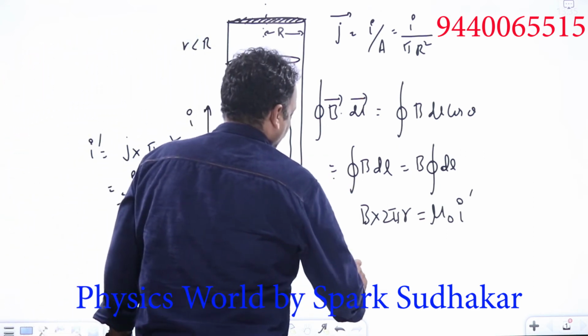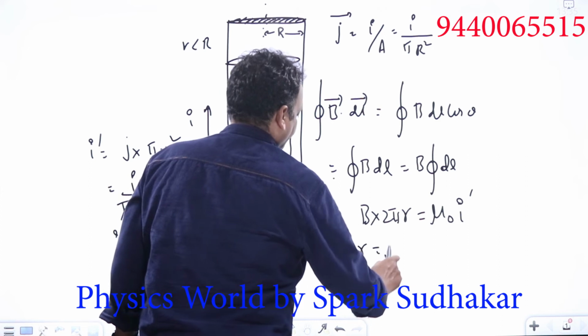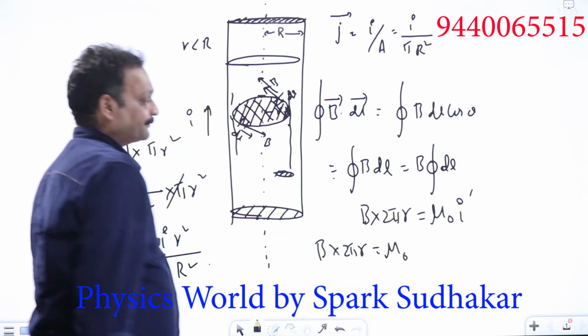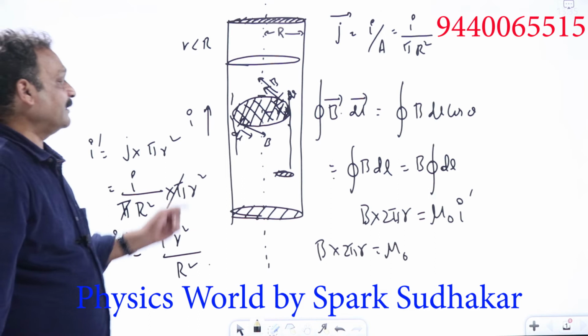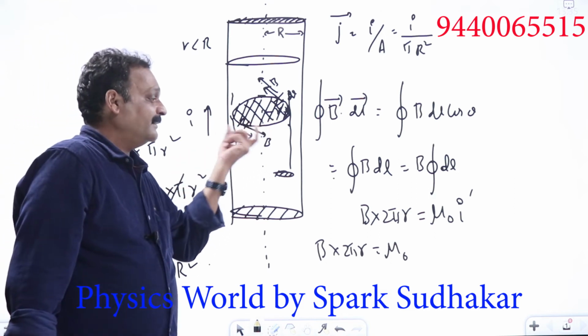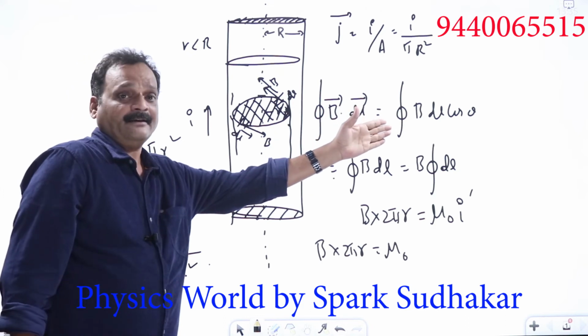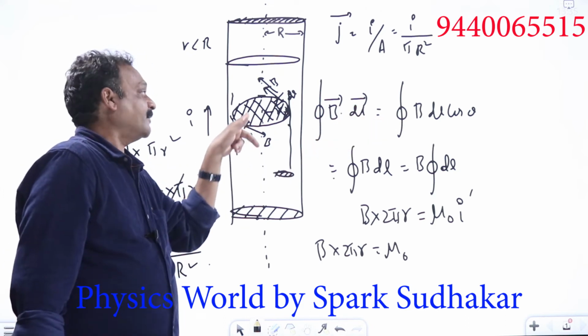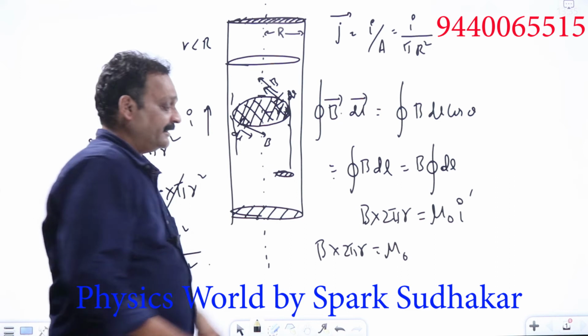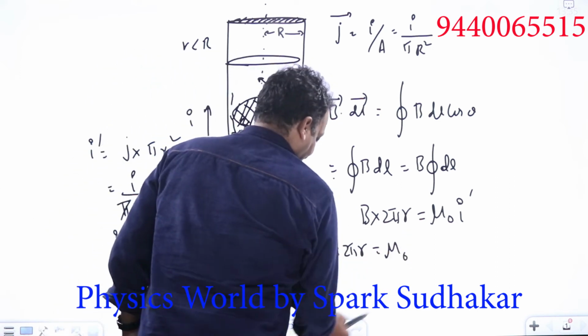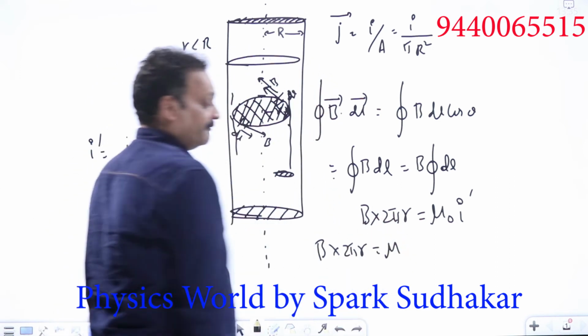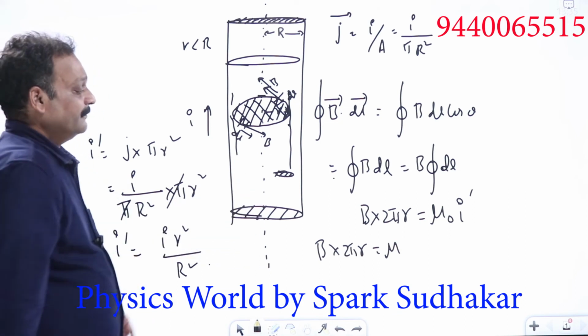B into 2 pi r equals mu naught into, one more thing, in this case the mu is not outside the wire, not in air, it is inside the wire. So you can take that permeability as the permeability of the wire, mu, into I dash.